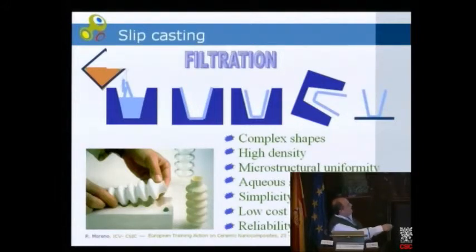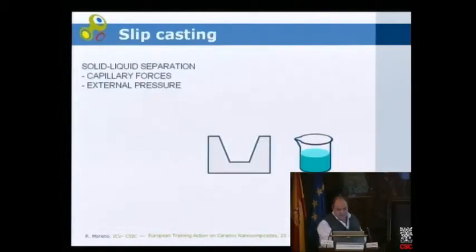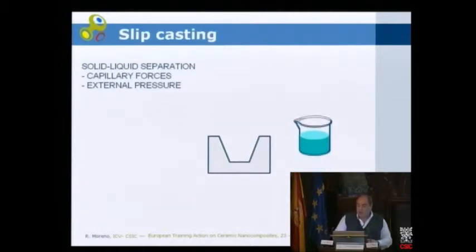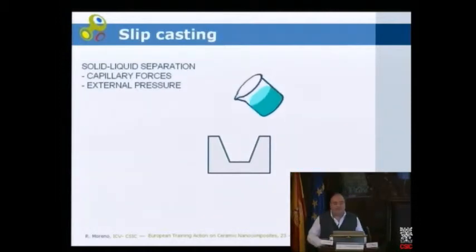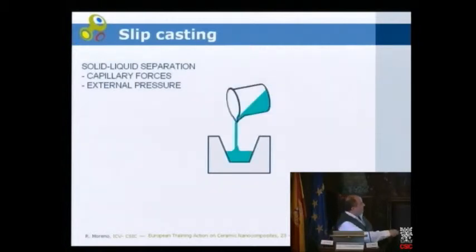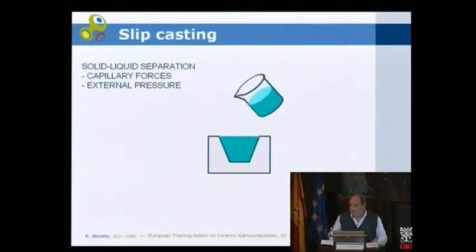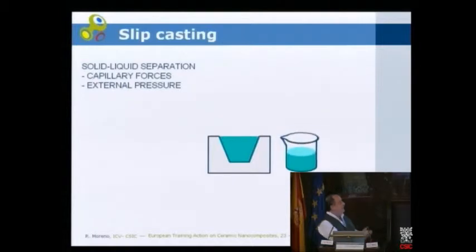Filtration is the mechanism on which the slip casting process is based, and it is better seen here. What we have is just a well-dispersed suspension and a permeable mold, normally made of plaster. The process consists in the filling of the mold cavity by the dispersed suspension, and the draining occurs by capillary forces within the mold.